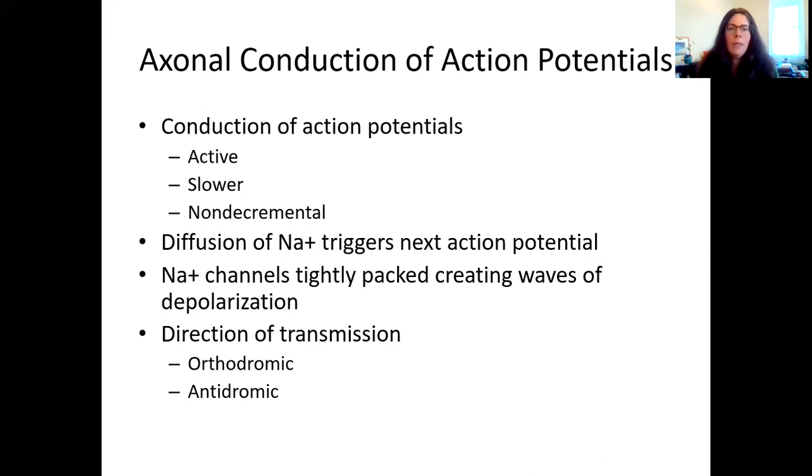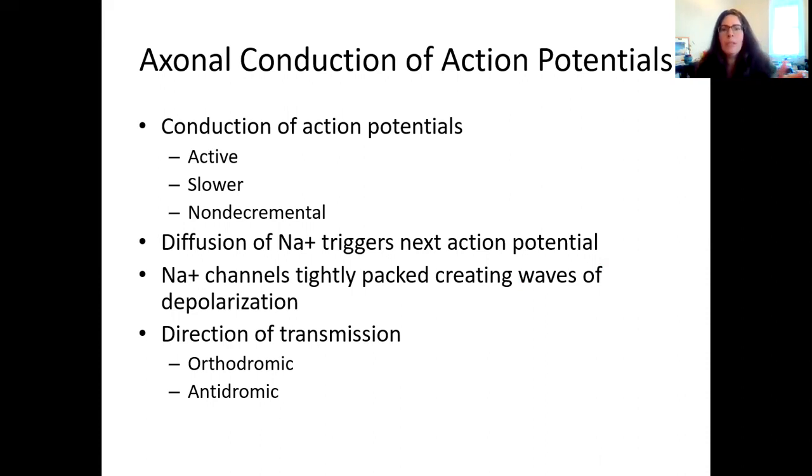Now for unmyelinated axons, or just axons in general, the way that the action potential is conducted is that there are sodium gates along the axon. So the impulse regenerates at points along the axon and it flows down like a wave, regenerating.